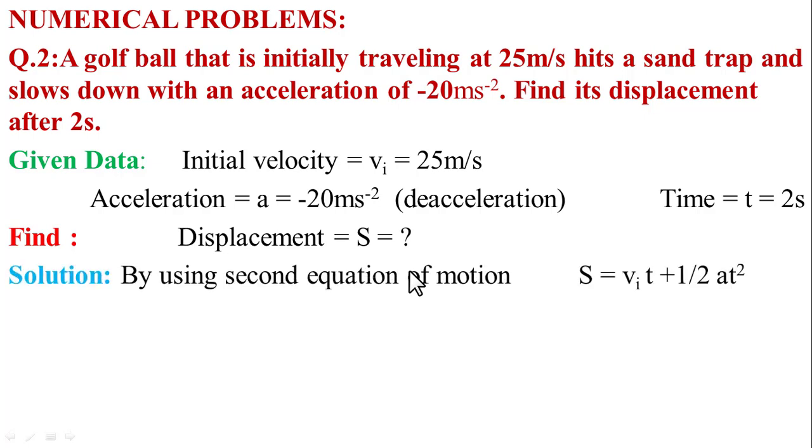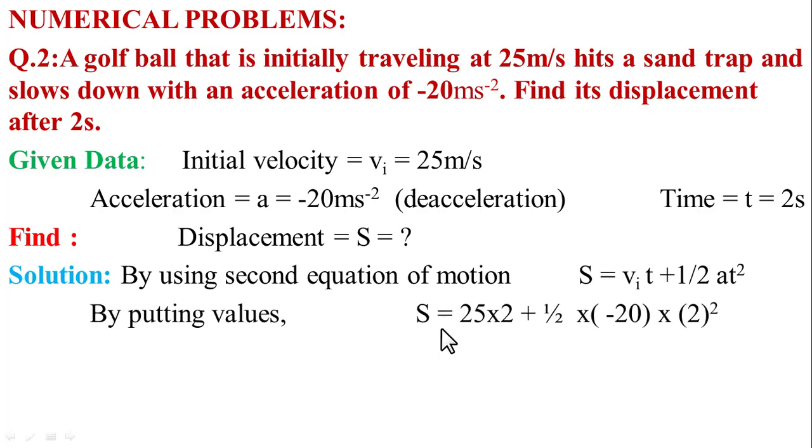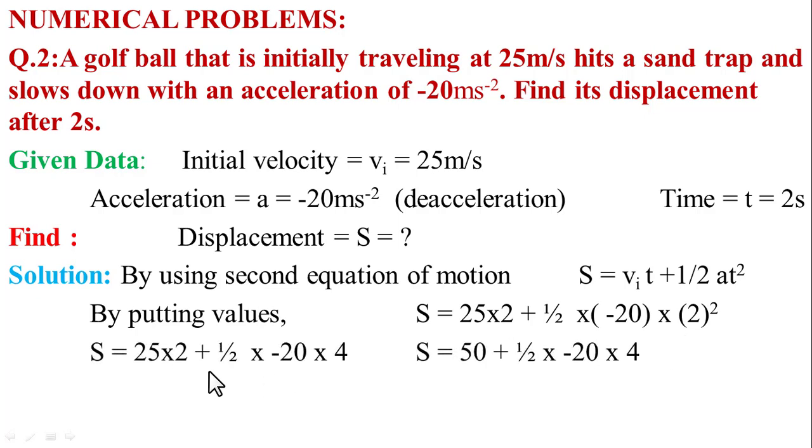Now we use the second equation of motion. In the second equation of motion, S is equal to Vi t plus 1 upon 2 a t square. Then putting the values, we have S is equal to 25 multiplied by 2 plus 1 upon 2 into minus 20 multiplied by 2 square. Then solve this value. 25 multiplied by 2 is equal to 50 and 2 square is 4.